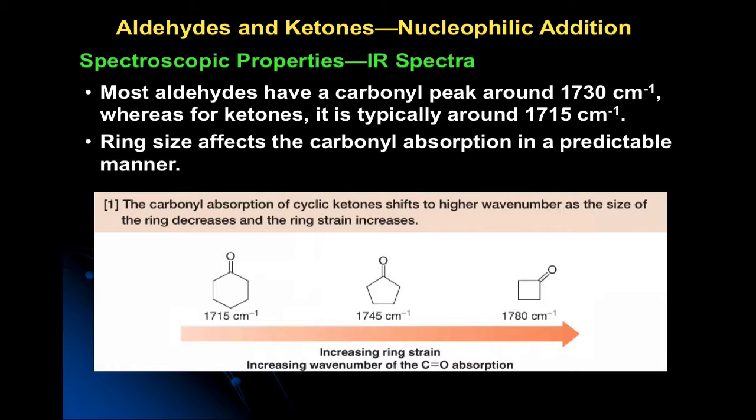Explain that for me. Aren't they all just carbon-oxygen double bonds? Now tell me why. Olivia, take it away. What happens as we go from 1715 to 1780? Which way am I stepping, to the right or to the left?